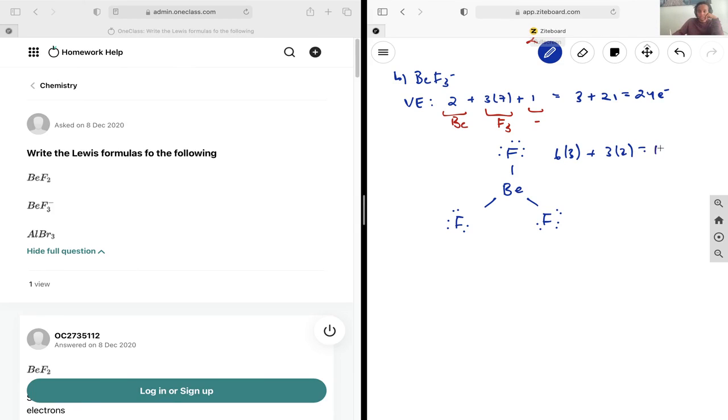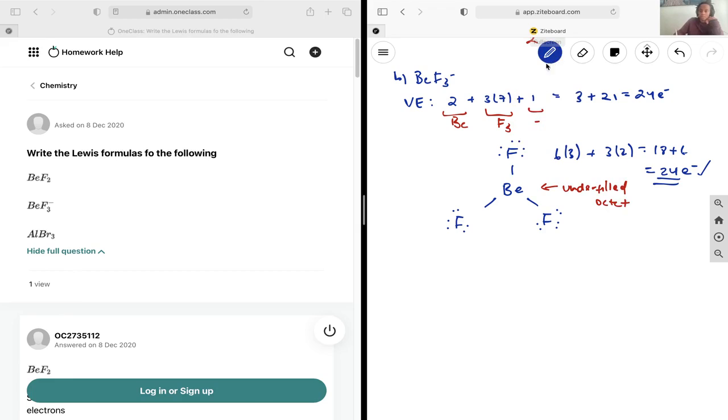And so that is going to give us 18 plus 6, and that is indeed our 24. So you see all of the electrons have been managed here. And so let's go ahead and check our formal charges. And again, this is going to be allowed because the beryllium will again have an underfilled octet.